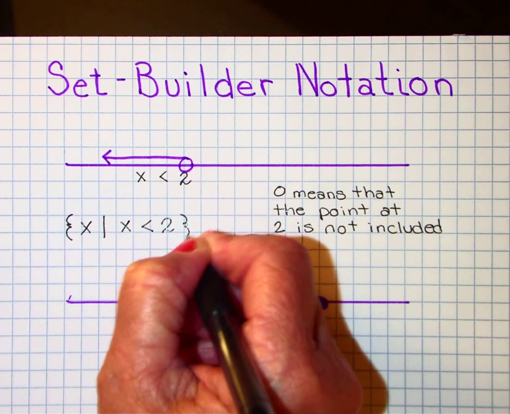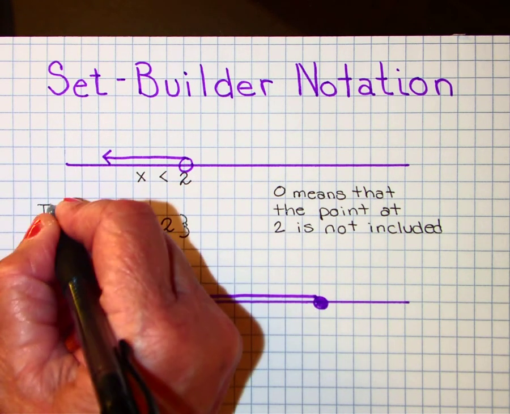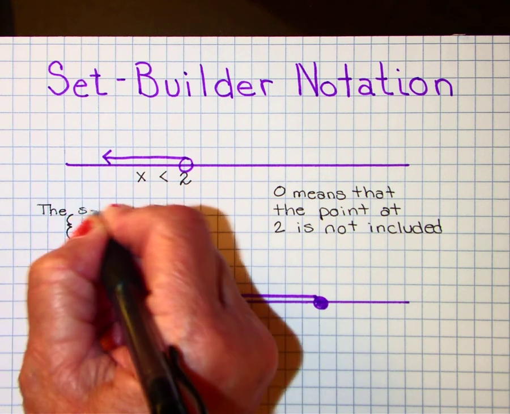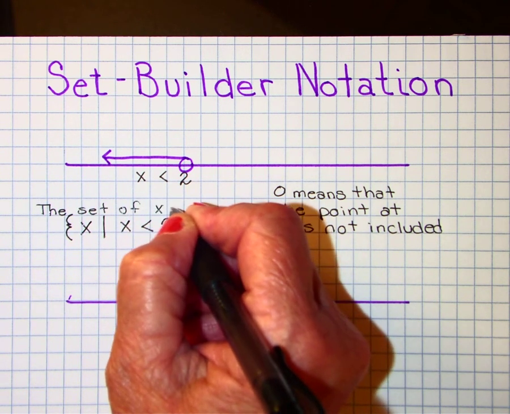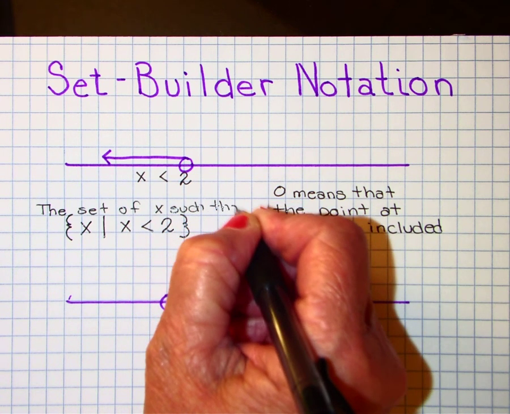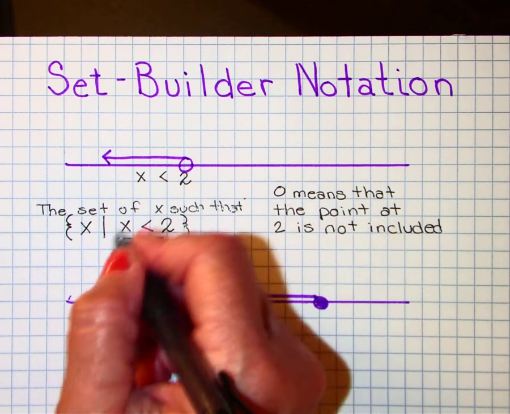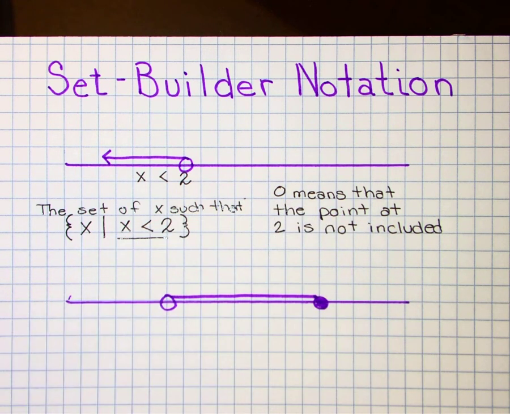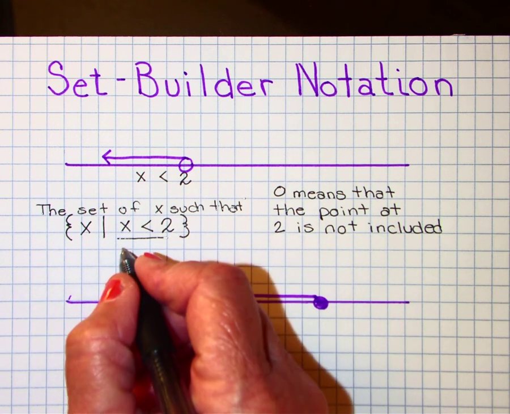So really, this will say something like the set of X such that, and then you're including your rule. This is really what you're trying to write. You're trying to tell the reader that I'm going to define the set of X, and this is how I'm going to define it. This is my rule.